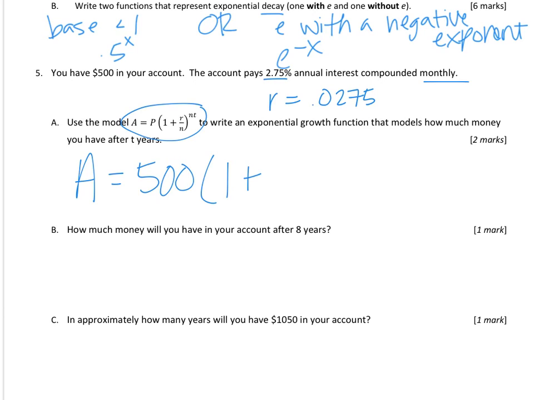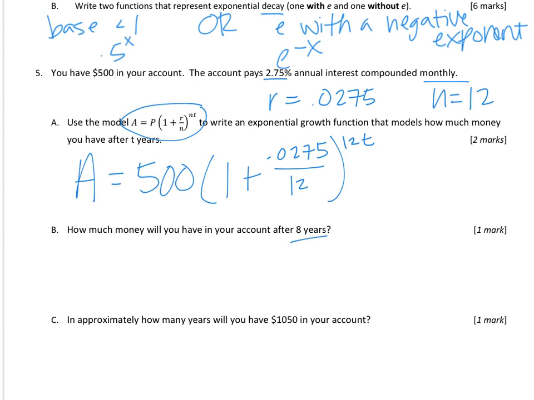I would never say 0.03 in this situation. So 0.0275 over n. n is the number of times we're compounding, so that's going to be 12 for monthly. And then n again is still 12, and then we're just going to put t for time, because we don't know exactly how many years.